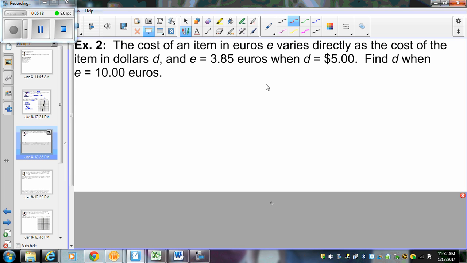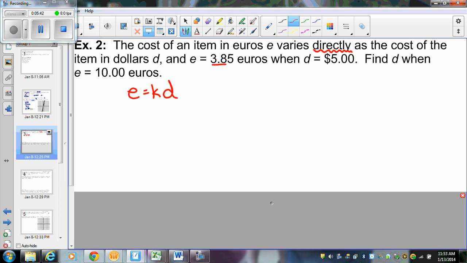So all this euros, dollars really doesn't matter to begin with. All I really need to know is that it varies directly. So instead of y equals kx, I can say E equals kD. And then once we have our general formula set up, we need to substitute in some values in order to solve for our constant of variation.